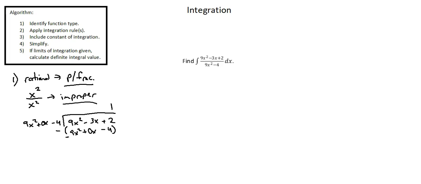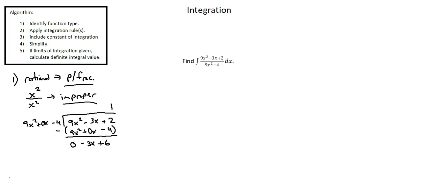We'll subtract each of these terms. Note it's important to distribute the minus sign. 9x squared minus 9x squared is 0. Negative 3x minus 0x is minus 3x. Plus 2 minus minus 4 is plus 6.